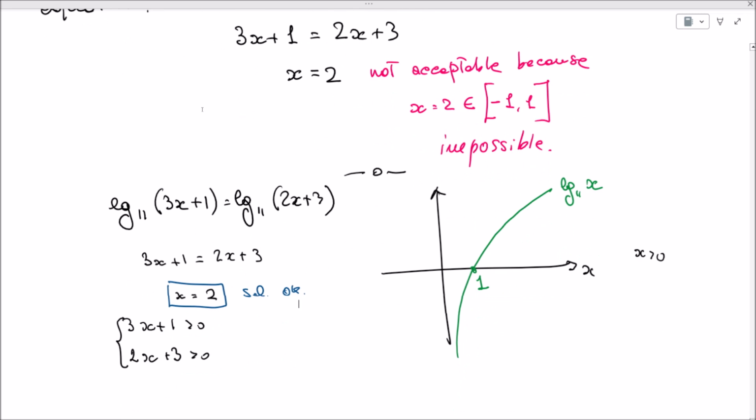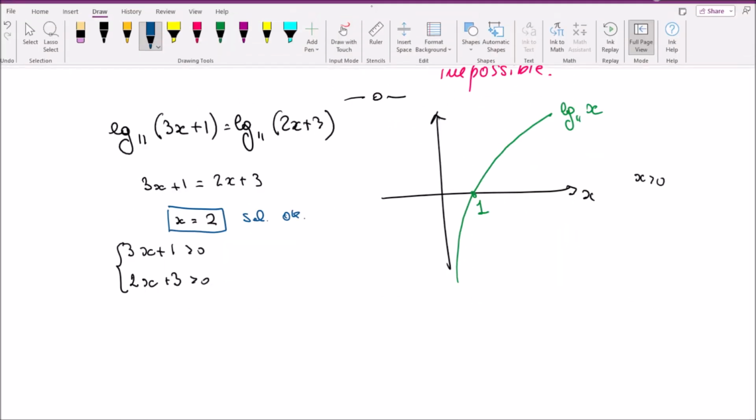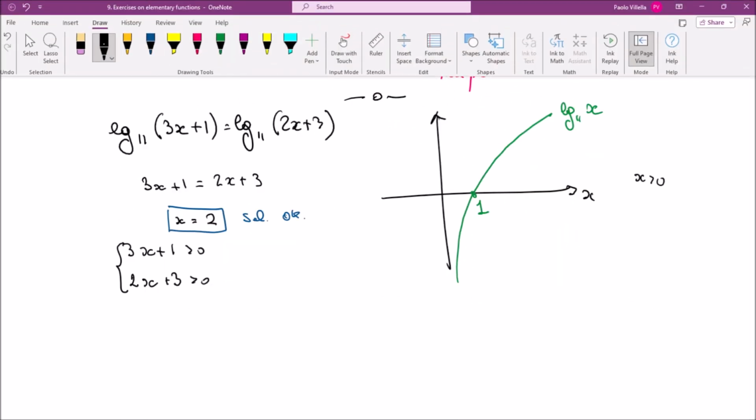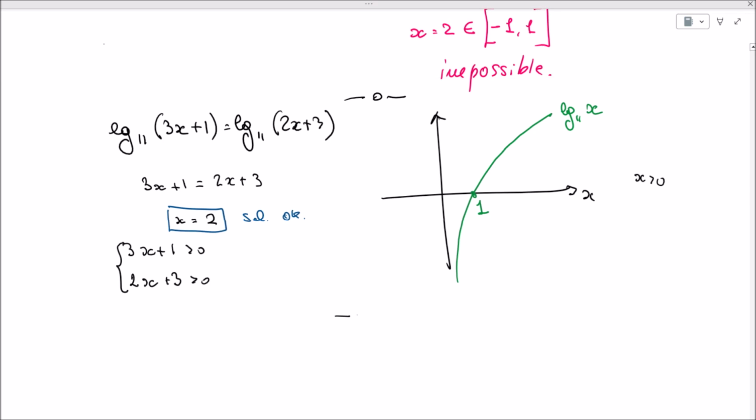Let's now try to apply to the same terms 3x plus 1 and 2x plus 3 the arctangent. Okay, so let's try to solve now the equation arctangent of 3x plus 1 equal to arctangent of 2x plus 3.